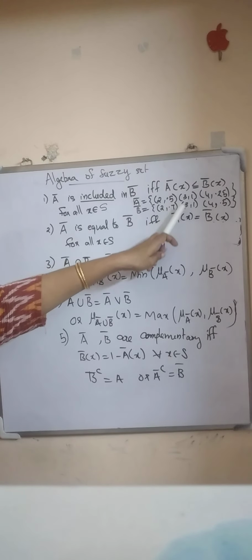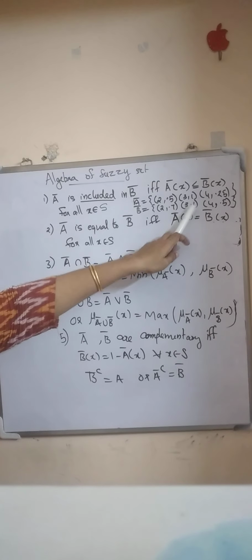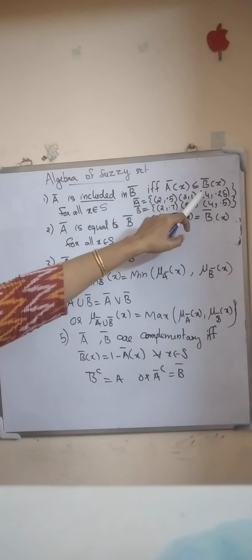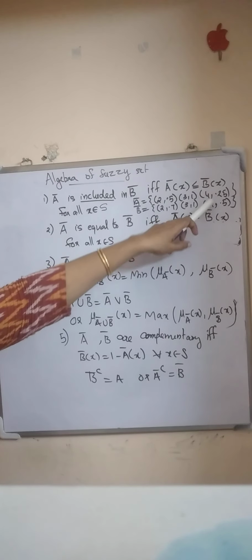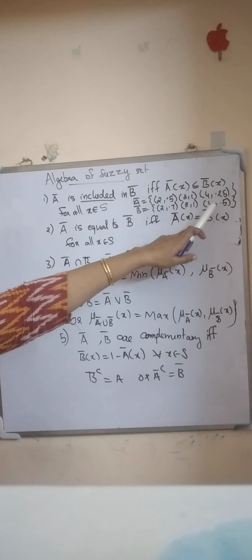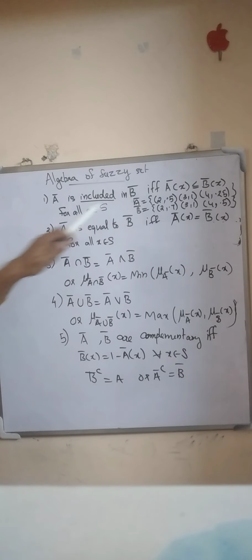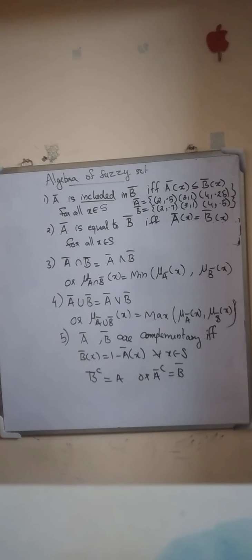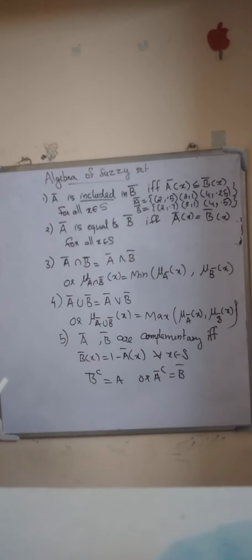And at the value of 3, 1 is less than or equal to 1. And in the case of 4, the membership function at the set A bar is 0.25 and in B it is 0.5. In all three cases, the membership function of A is less than or equal to the membership function of B. So, the fuzzy set A bar is included in the fuzzy set B bar.